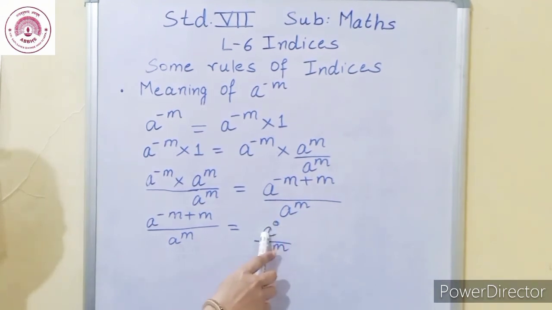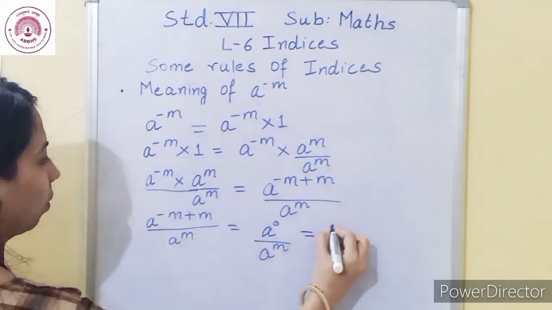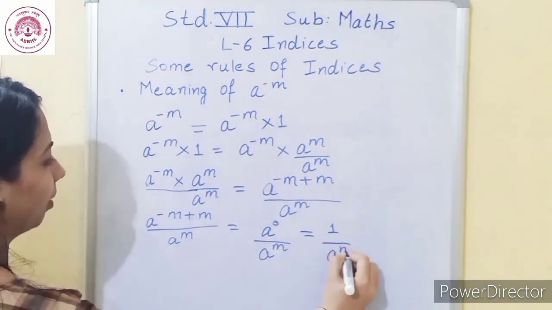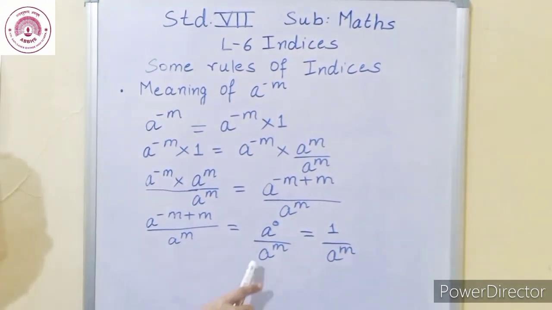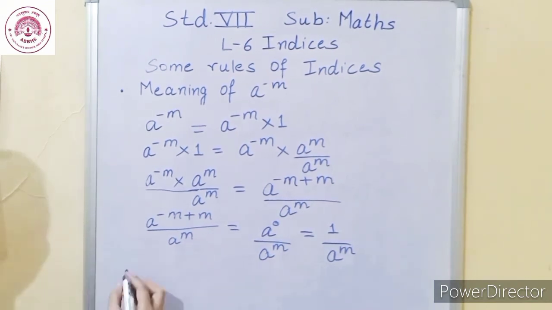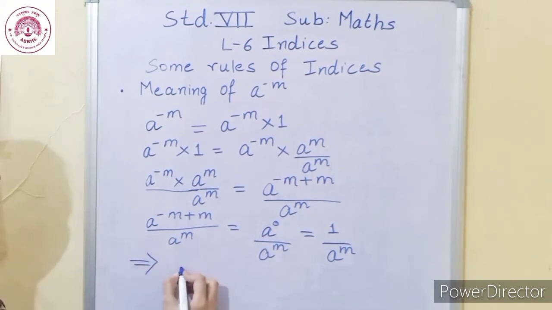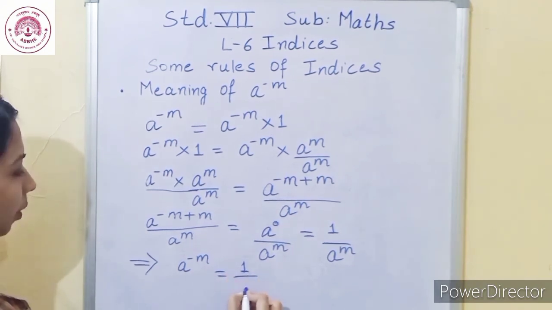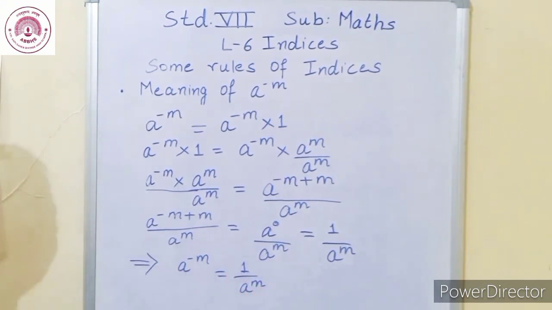We know a raised to the power 0, or a naught, equals 1, so it becomes 1 upon a raised to the power m. The denominator is the same, that is a raised to the power m, and a naught can be written as 1. So, a raised to the power minus m can be written as 1 upon a raised to the power m, and this is another law.